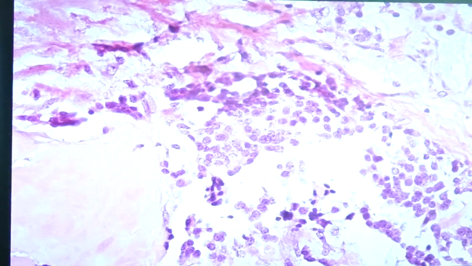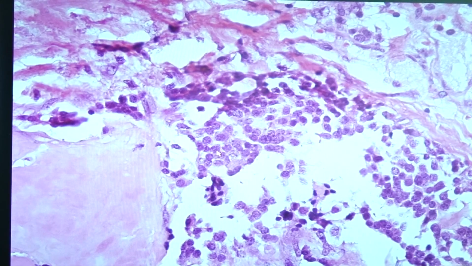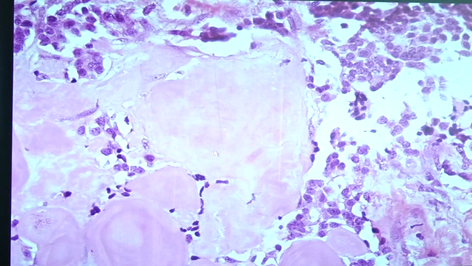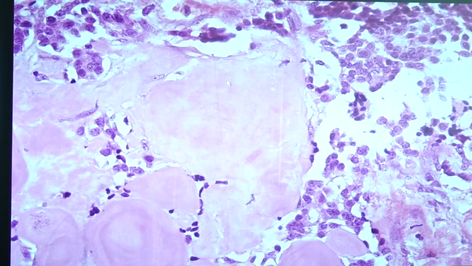So the cells here would have a salt and pepper chromatin pattern, which is characteristic for a neuroendocrine tumor, and this would show C-cell hyperplasia. The C-cells here would secrete calcitonin, which is the tumor marker that we use. 70% would be sporadic and 30% would be familial. Here you would see the presence of the amyloid.